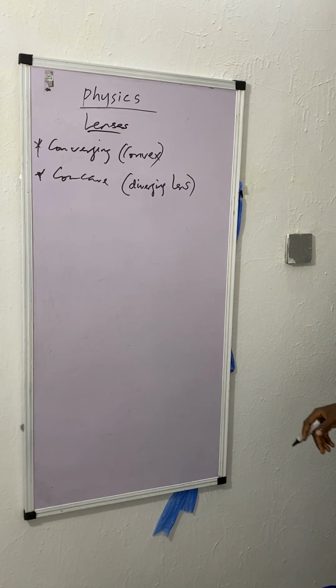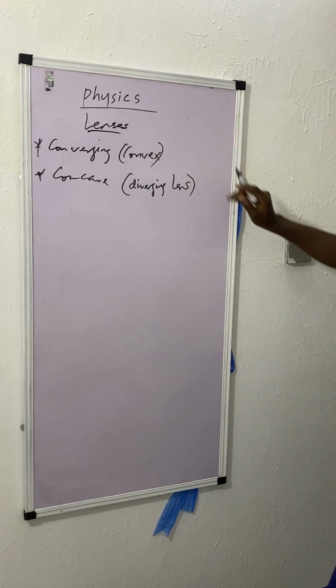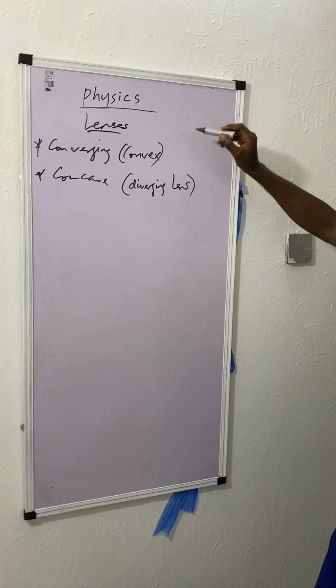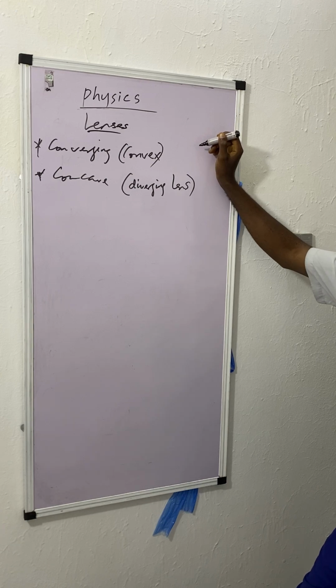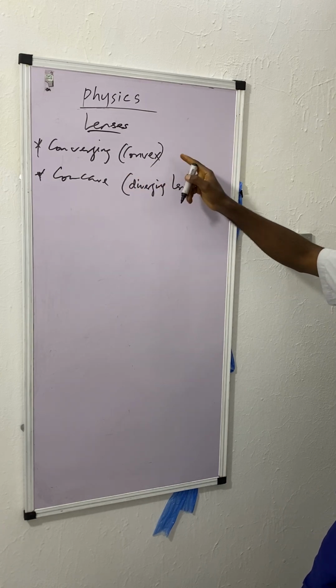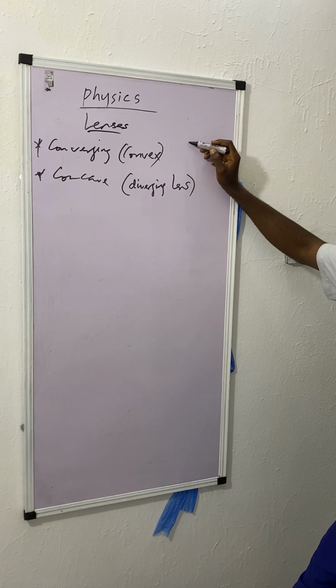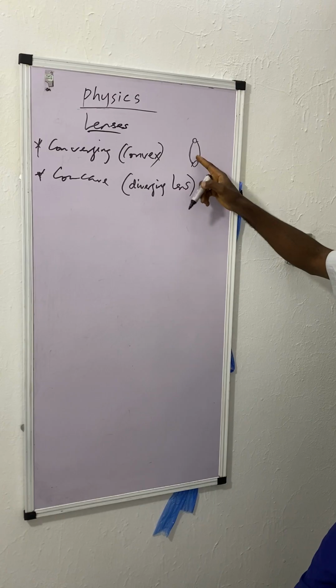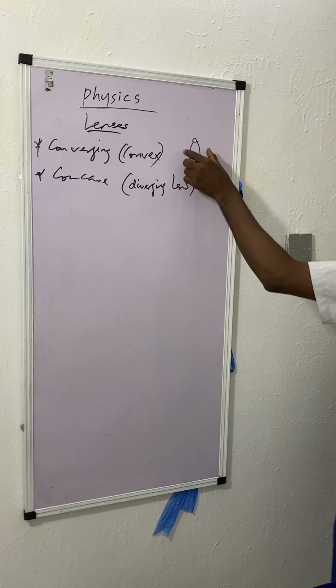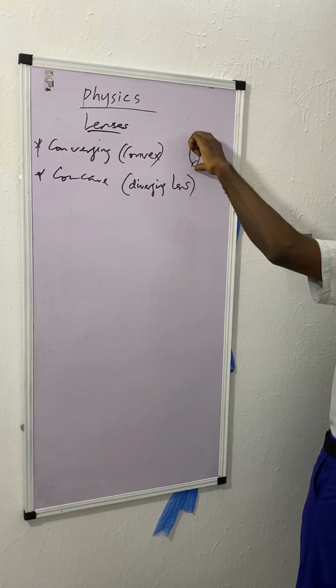Anywhere you see a converging lens, just know that it has the middle thicker and the edges lighter.